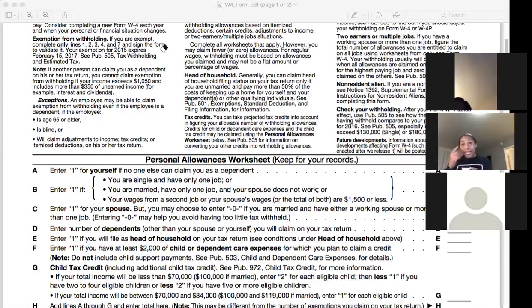The second thing is people sometimes say, okay, if I adjust this form, wouldn't that mean I'm going to owe? Listen, this is the mindset behind it. We all owe. Everyone working owes the government. The difference is right now, if you have your form filled out incorrectly, your employer is taking out as much as they want to give to the government based on this form.